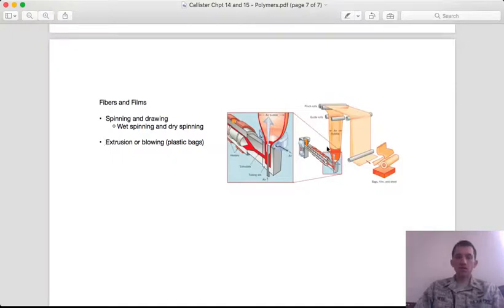This is one that I think is really cool, is the making of plastic bags or plastic films, where you have an extrusion type process, but with the injection of air.